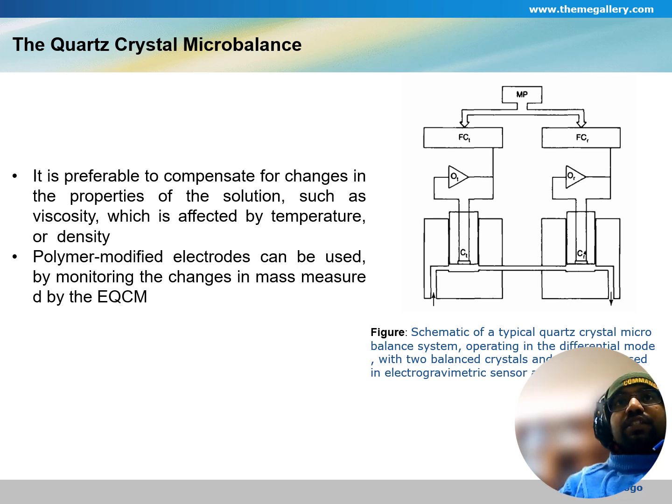Now the quartz crystal microbalance is preferable to compensate for changes in the properties of the solution, such as the viscosity, which is affected by the temperature, or density. Polymer modified electrodes can be used by monitoring the changes in the mass measured by EQCM.